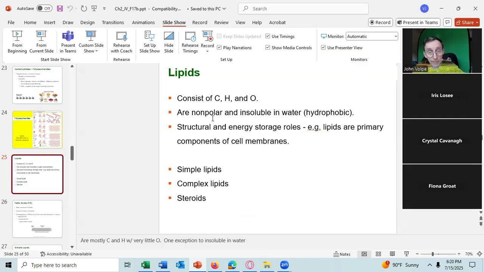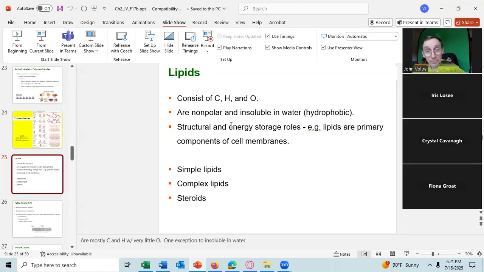Lipids are mostly nonpolar and insoluble in water, meaning most lipids are hydrophobic. There is one exception, and that is the, trying to remember the name of that, phospholipid.